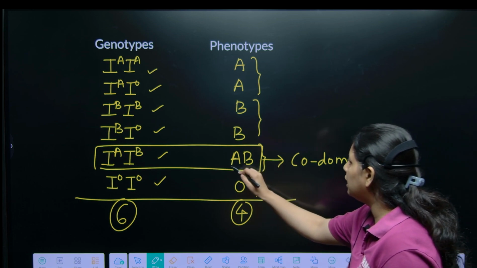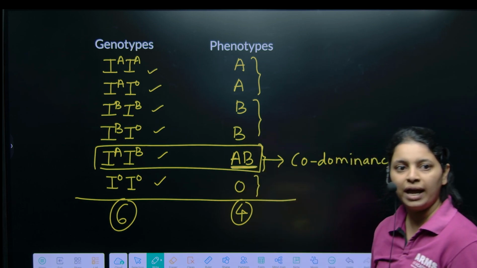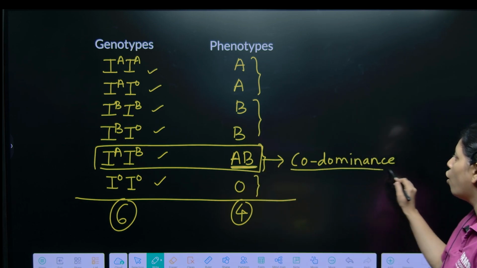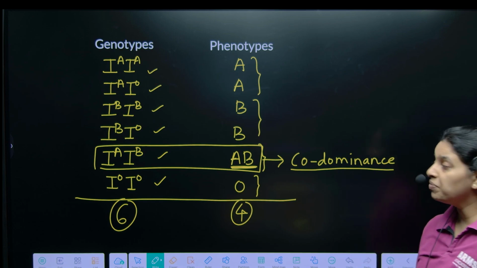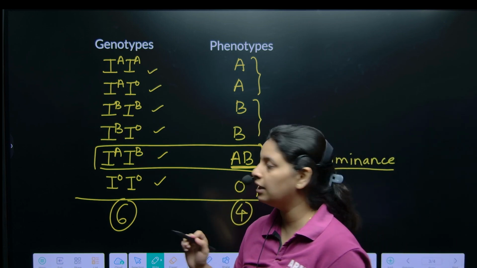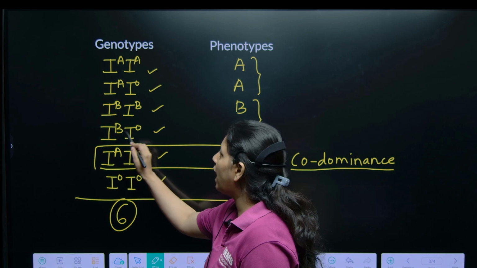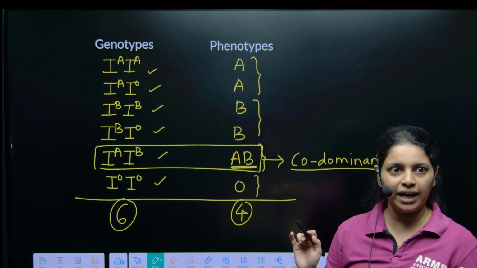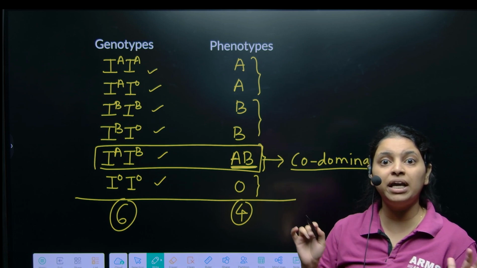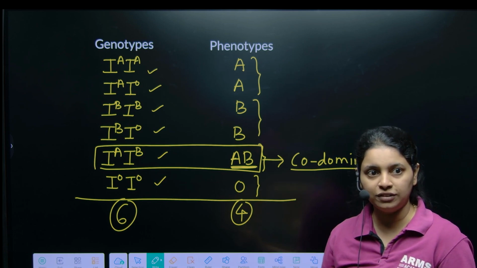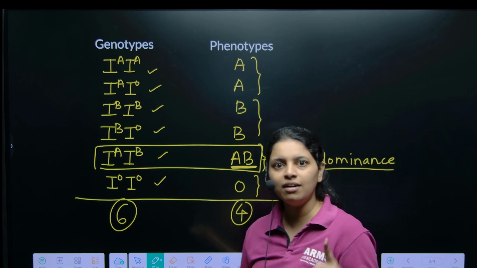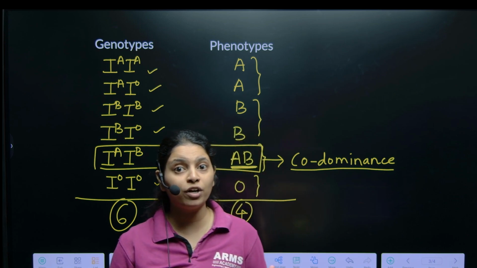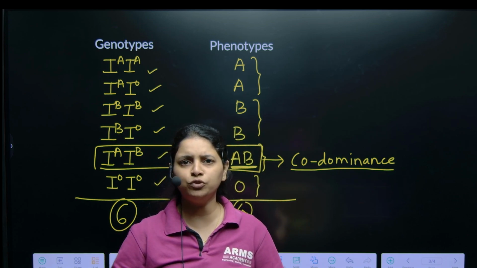And specifically the AB blood group explains the concept of codominance. If you take hybrids like IAIO and IBIO, then we see complete dominance, right? So using this single example of the ABO blood grouping system, you can explain so many concepts.